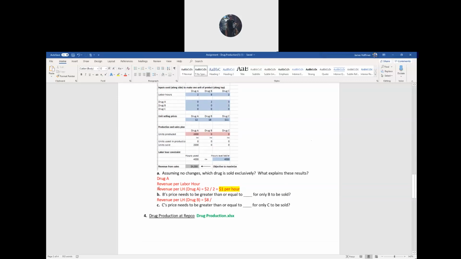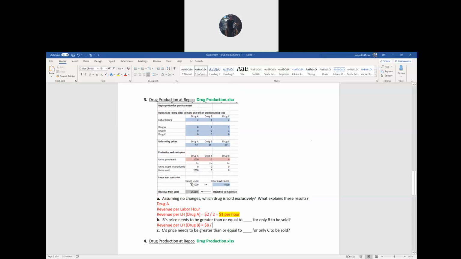What happened here? All right, so the revenue per labor hour, we're going to figure that out. Drug B is selling for $8. Can someone figure out how many hours it takes to make one drug B? 10?